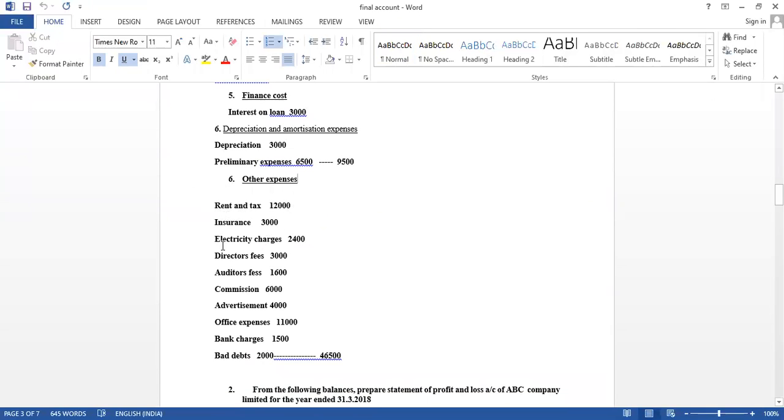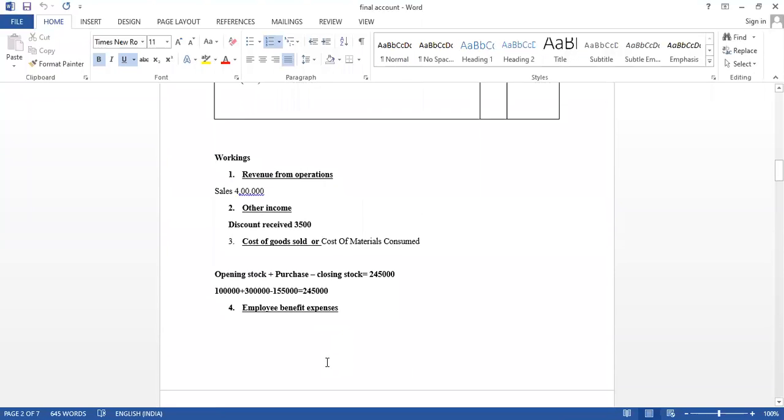Rent and tax, insurance, electricity charges, director fees, auditor fees, commission, advertisement, office expenses, bank charges, bad debts. These are considered as other expenses. We get the total 46,500. Okay, this is a working.